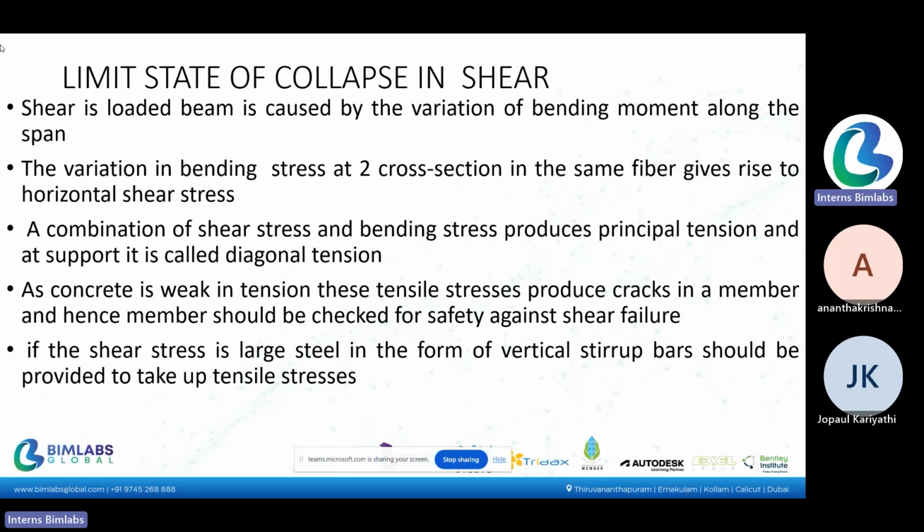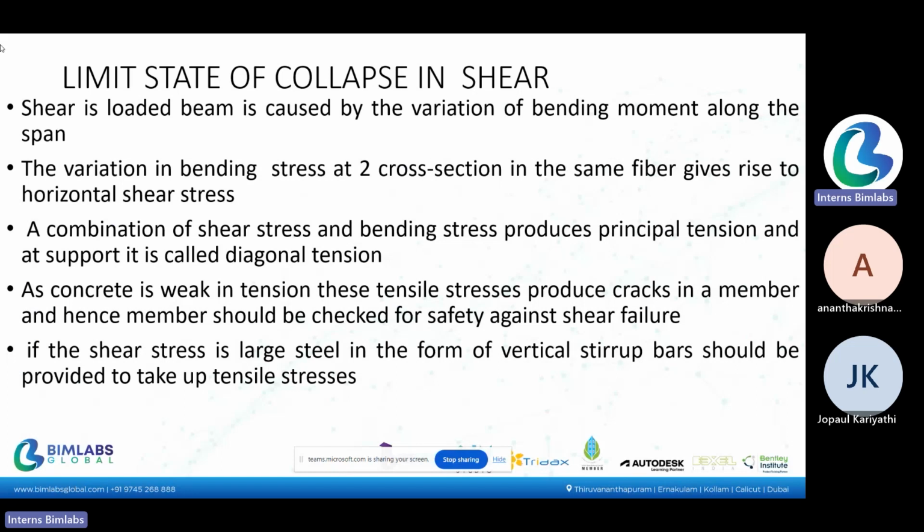As concrete is weak in tension, these tensile stresses produce cracks in the member, and hence the member should be checked for safety against shear failure. The shear failure check is one of the important checks we have to do for every concrete design.